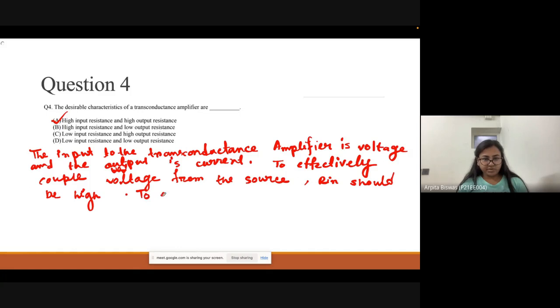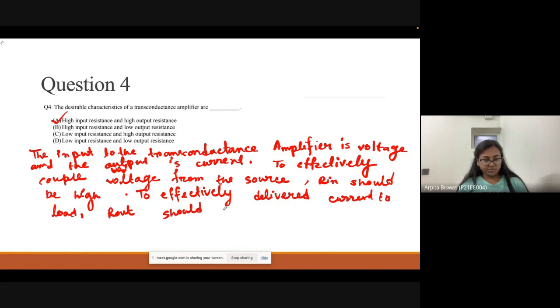And to effectively deliver current to the load, our output resistance should be high.